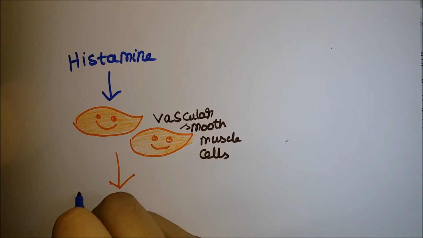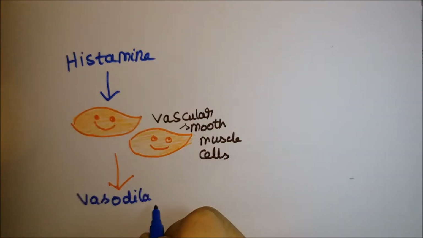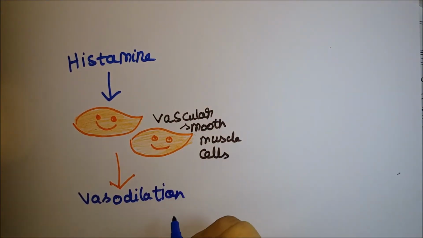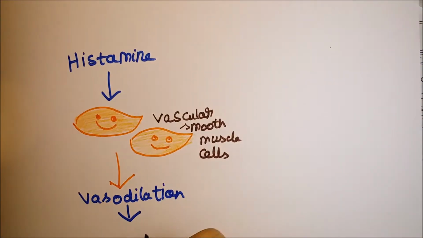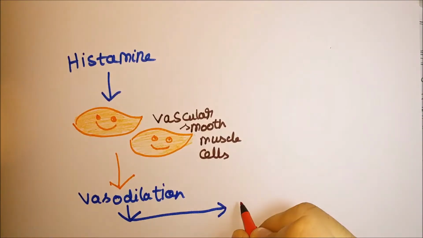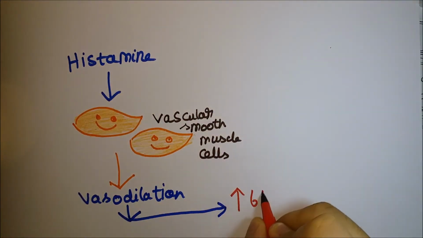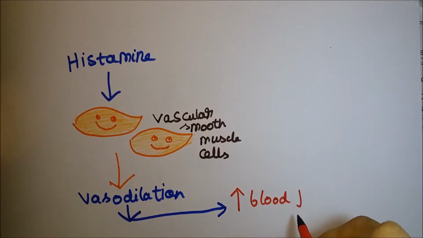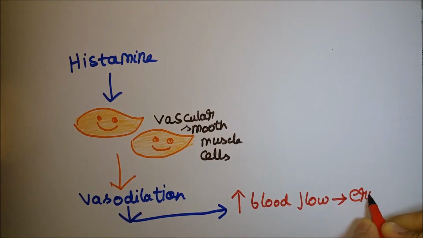This causes increased secretion of nitric oxide, which is responsible for the vasodilation. Due to vasodilation, there is increased blood flow in the blood vessel at the inflamed site, and this will cause erythema or redness at the inflamed site.